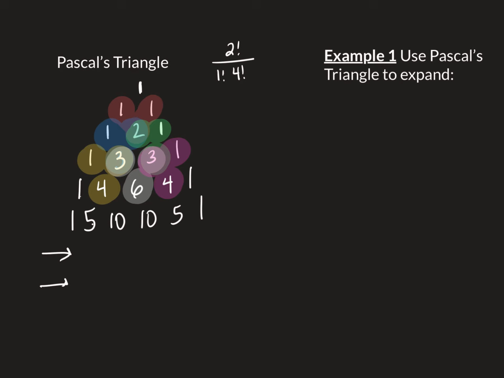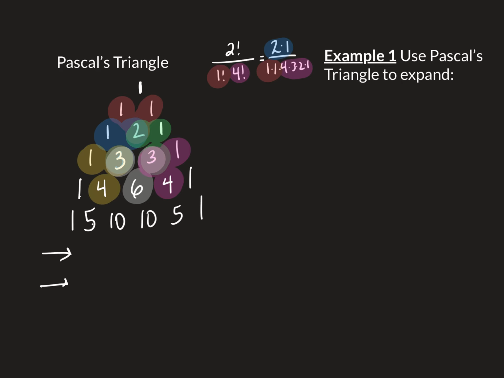And all that is, if you don't remember factorial, is repeated multiplication with whole numbers. 2 times 1, and 1 times 1 times 4 times 3 times 2 times 1. This is 4 factorial. This is 1 factorial. And this is 2 factorial. And you just multiply and simplify.